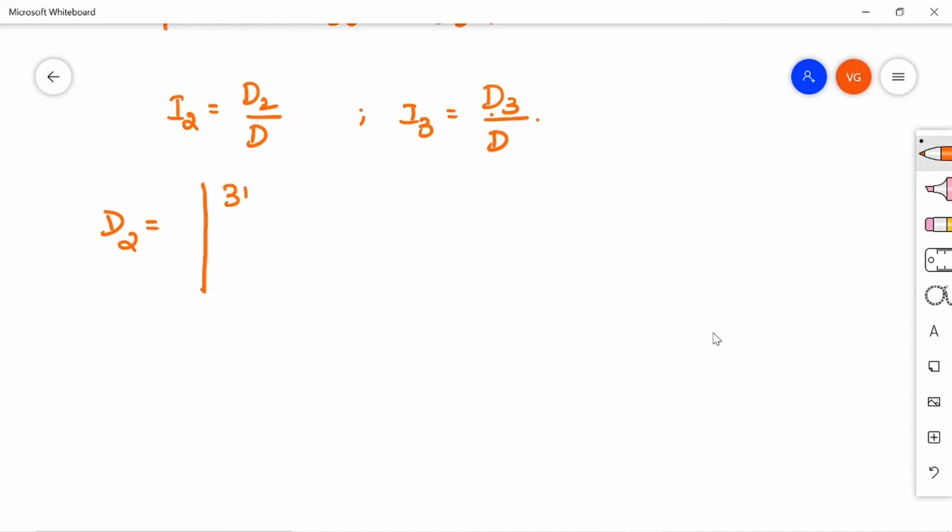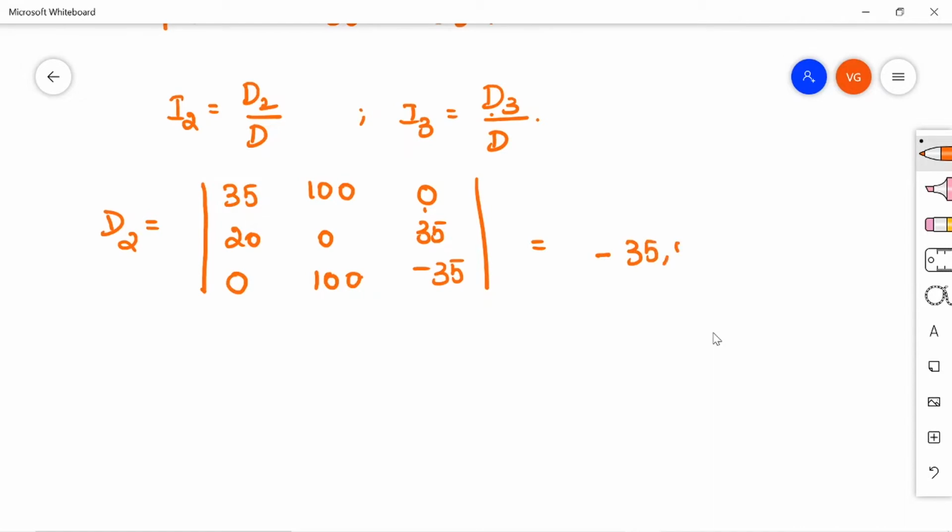D2 will be 35, 20, 0. Then I have 100, 0, 100. Then I have 0, 35 and minus 35 from the matrix, right? So solve this determinant. I will get minus 35,000. Similarly, D3, the third column you have to replace.